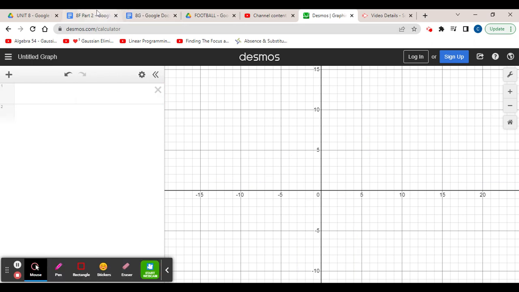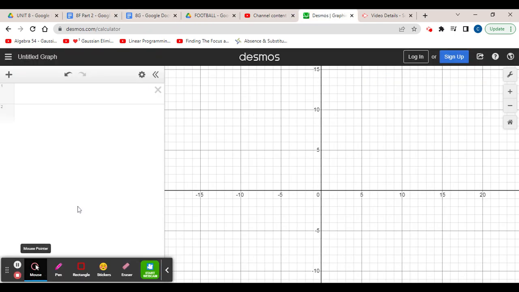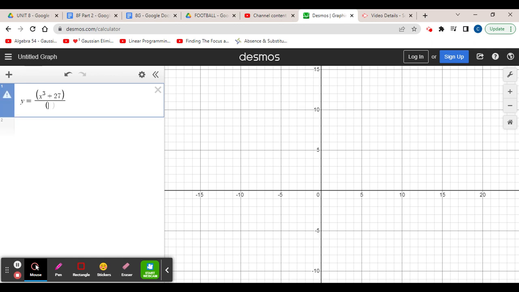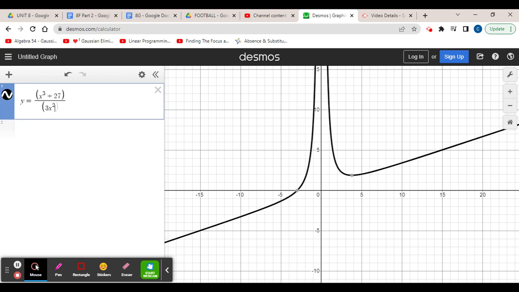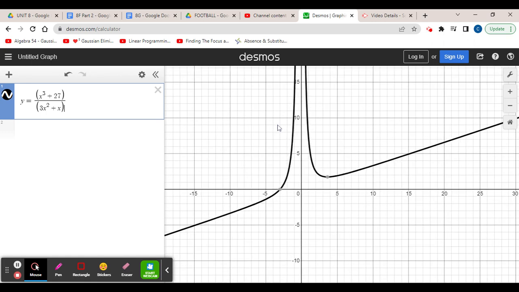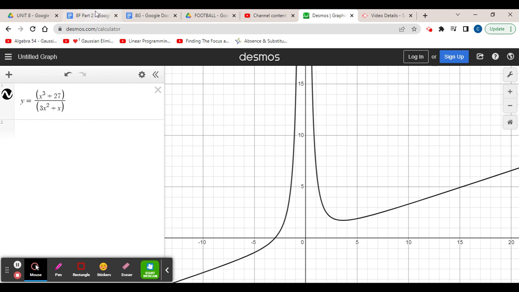On the last one, we have x cubed plus 27 over 3x squared plus x. Here's our graph. So vertical asymptotes, we had negative 1/3 and 1, I believe.